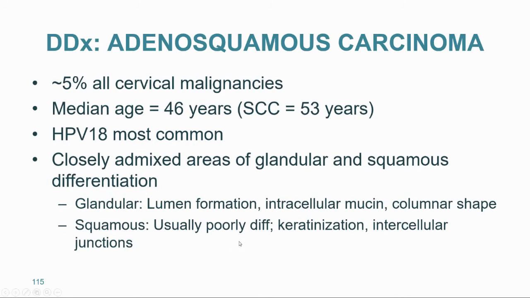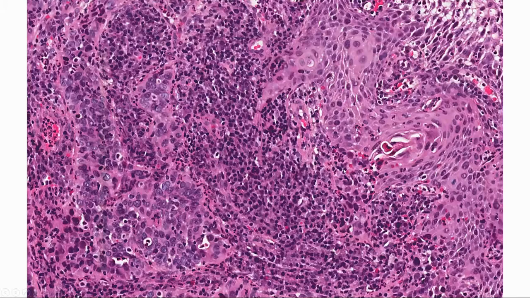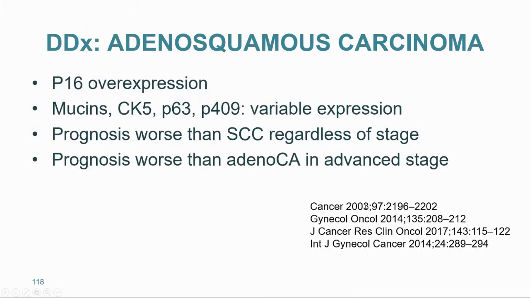It may not look squamous at first glance, but the glandular component is usually better seen because it retains lumen formation, intracellular mucin, and columnar shape of the cells, which is something that you can see at low power magnification. You should see the presence of definitive glandular elements coexisting with definitively squamous elements on H&E. Adenosquamous carcinomas are also characterized by P16 overexpression, but they may have variable expression of glandular and squamous markers.